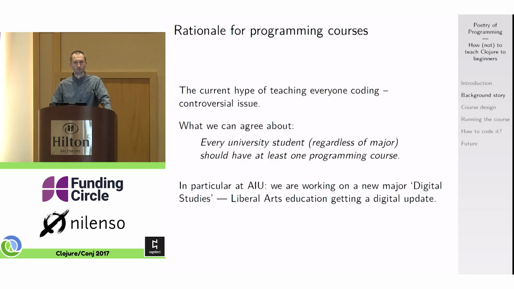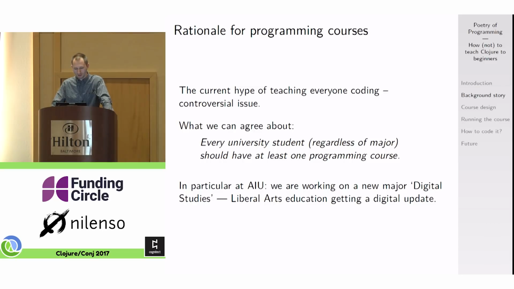Well, what's the rationale for teaching programming? You know, there is a hype around this, that we should teach everyone coding, including kids, which I like the idea, I just don't like kids hunching over laptops. So it's a slightly controversial issue, but what we can agree about is that every university student, regardless of the major, should have at least one good programming course, because it's just part of universal knowledge.